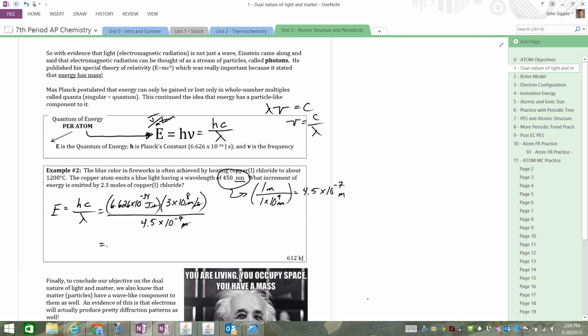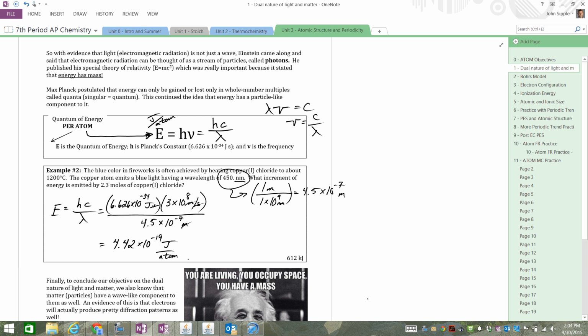Okay, let's see if we do it okay. I feel like I'm doing something wrong, but I'm just going to go with it. So 4.42 times 10 to the minus 19, and that's joules per atom. Okay, I know what I did. We're fine.